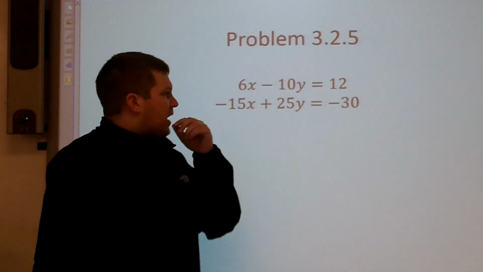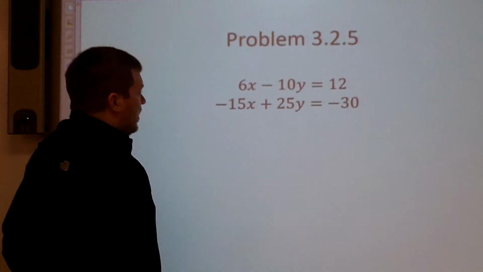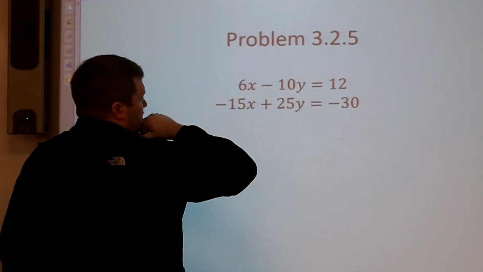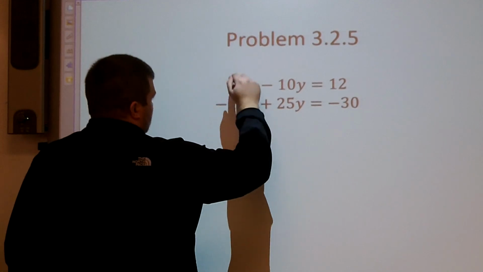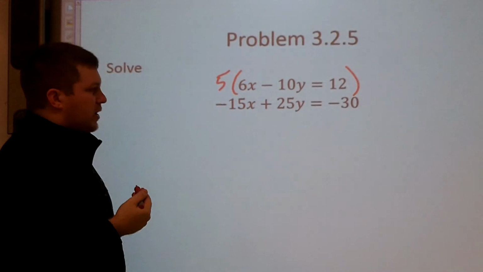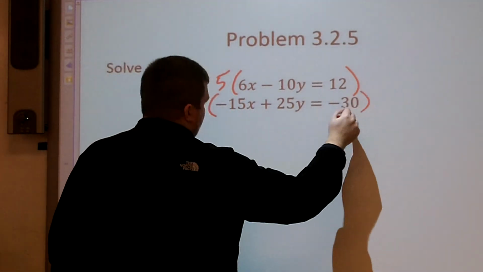The common factor that I can think of that would be easy to get by multiplication would be 50. To get negative 50 up here in the first equation, I'm going to multiply by positive 5. The bottom equation, I want a positive 50, so I'm going to multiply by a positive 2.